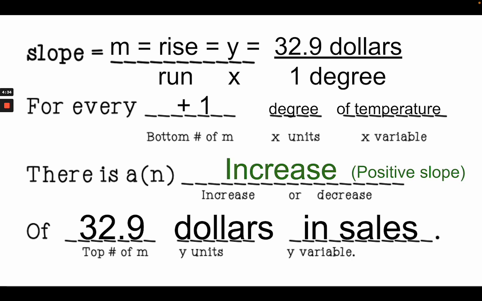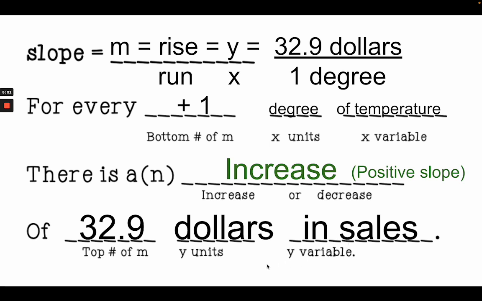Also, there is an increase. We know that this is a positive slope, so we're increasing. We're going upward. And when we did our line of best fit, we knew that it was a positive slope, so we're going to say increase. If it's a negative slope, then it'll be decrease. Here, we're going to put the top number of the m, which in this case is $32.9 in sales.